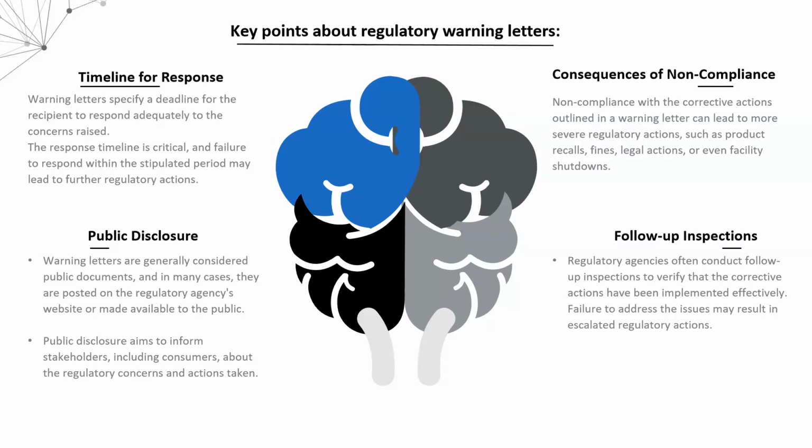So for that purpose, normally these warning letters will be kept in the direct public domain, like on the regulatory authority's website, where it will be displayed as a warning letter. Public disclosure aims to inform stakeholders, including consumers, about the regulatory concerns and what actions we have taken.